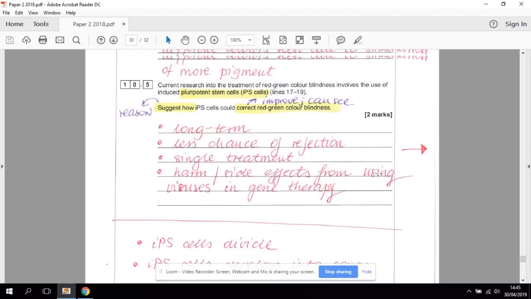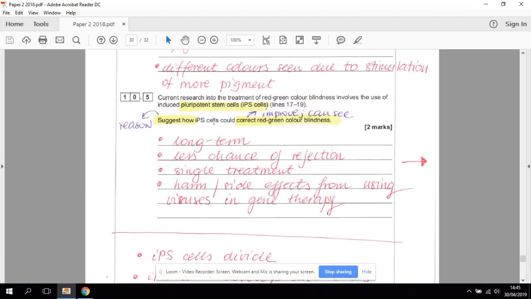It's the fact that they have long-term effects. There is less chance of rejection of the pluripotent cells. It's only a single treatment, and the side effects from using viruses in gene therapy, we don't need to have those with pluripotent stem cells.